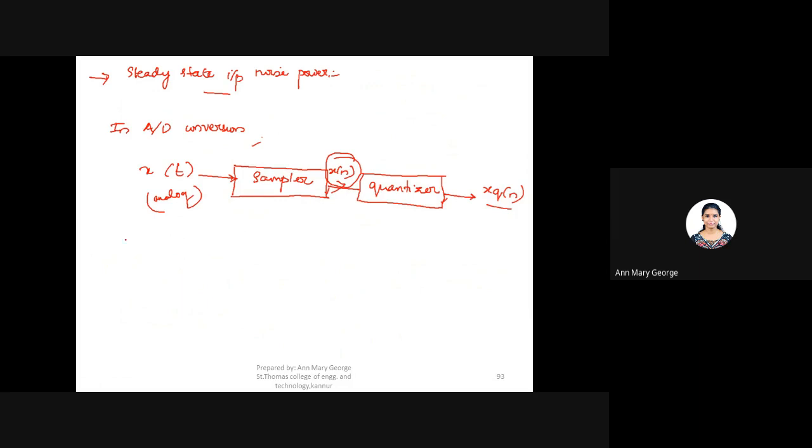And there will also be a possibility of error when we quantize. Therefore this error is additive in nature. In DSP the error will be additive in nature.